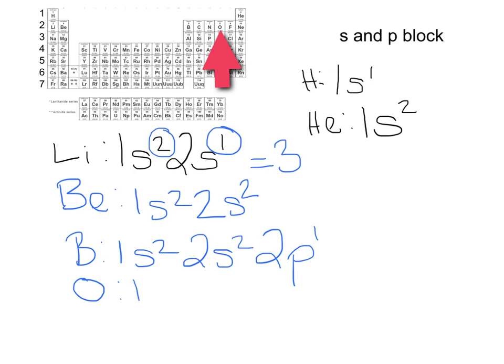So 1s2, 2s2, 2p4, and again, all of my electrons should add up. 4, 5, 6, 7, 8. Bingo! Rock star. All right, so that's S and P block.